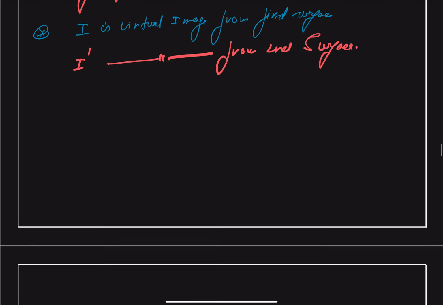And we have a spherical surface, so let us draw a spherical surface, an air bubble rather. So this is spherical and this is our principal axis passing through the center.